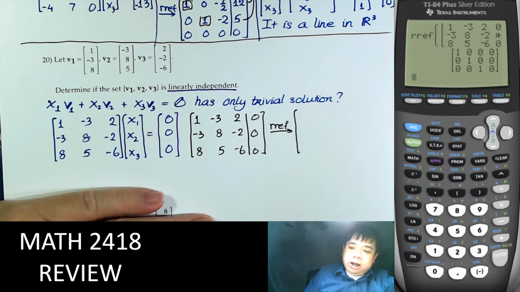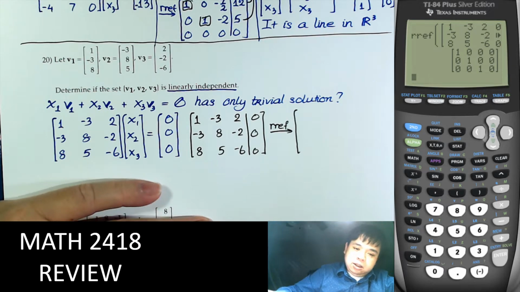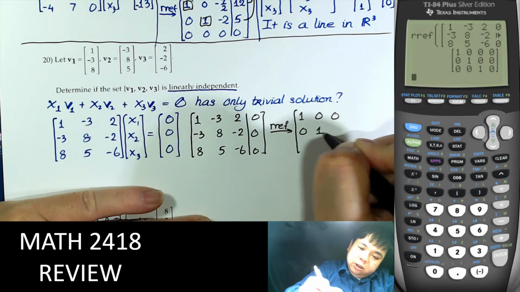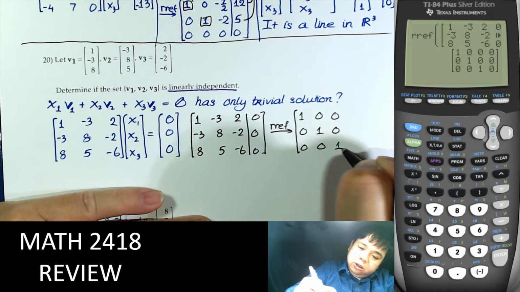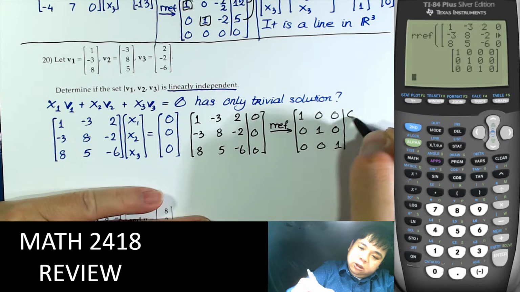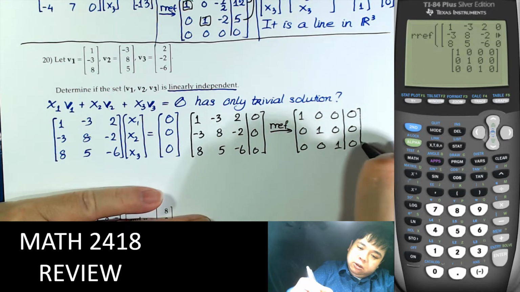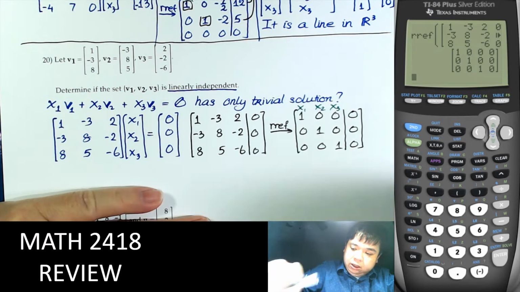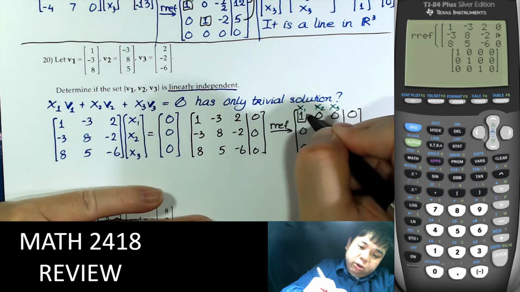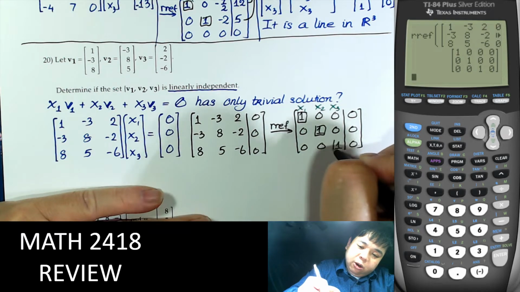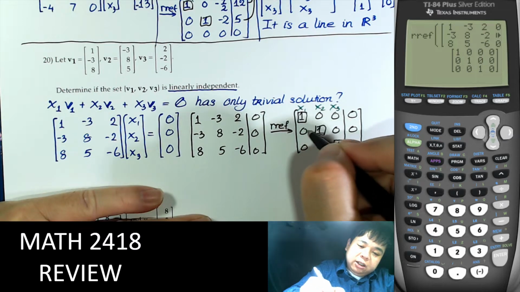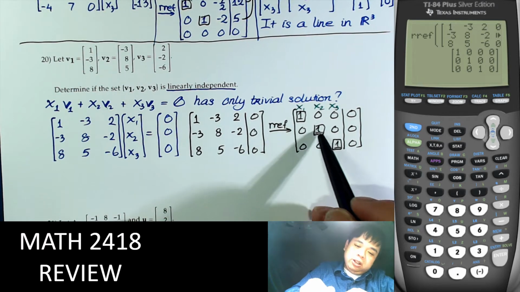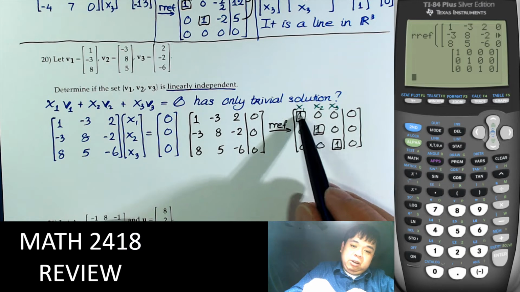Right, so we end up with that. So for x1, x2, and x3, we have the pivot on every row, so no free variable here. Right, I should say there's no free variable. So we have a pivot on every column.